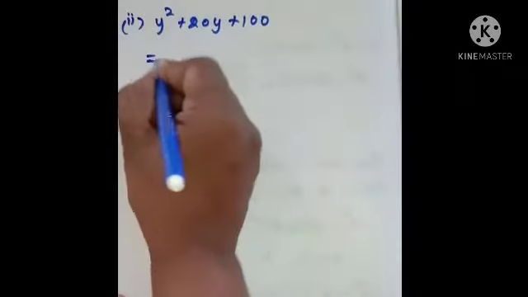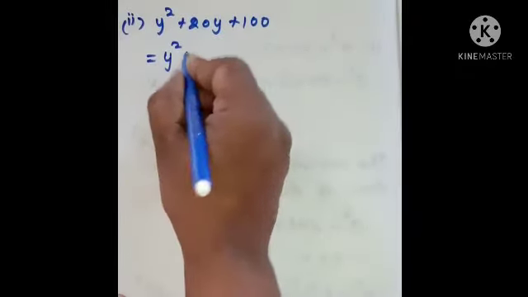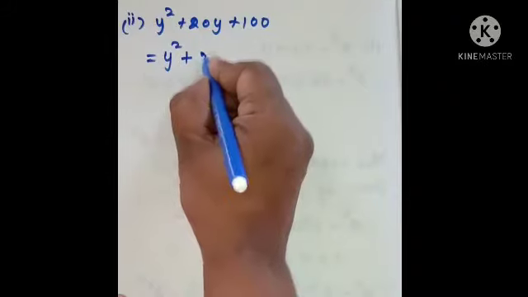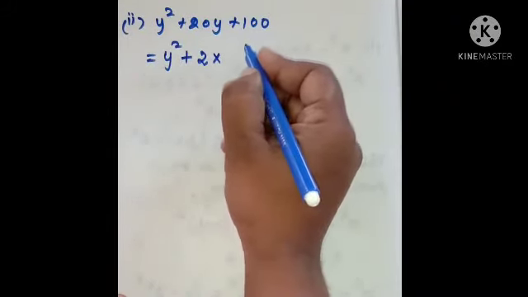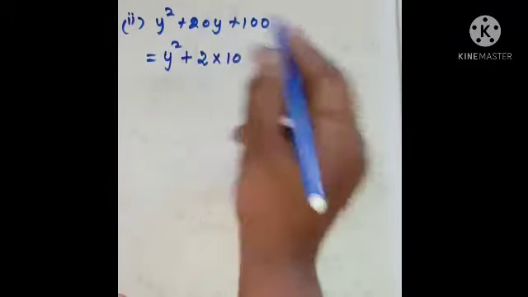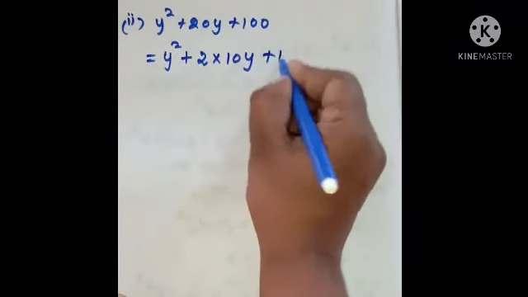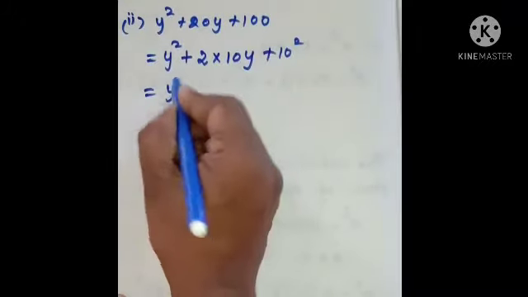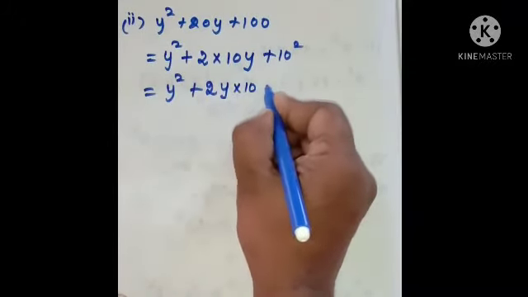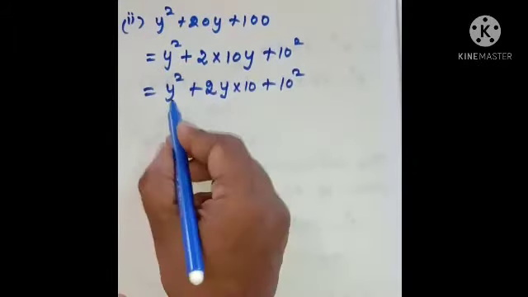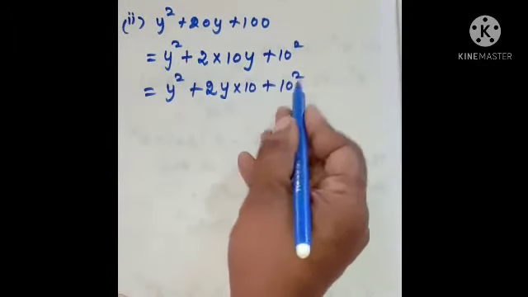Now we can write y square plus 20y plus 100, with 20 as 2 into 10 to find the identity. 2 into 10 gives 20. y square plus 2 into y into 10 plus 10 square. So a square plus 2ab plus b square.